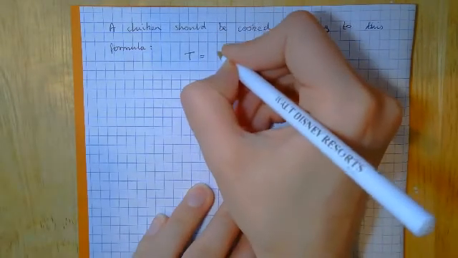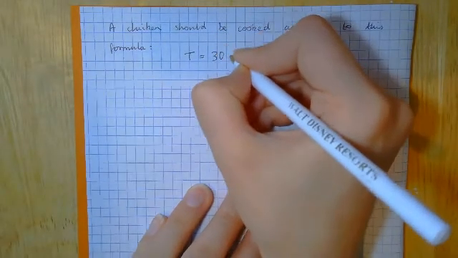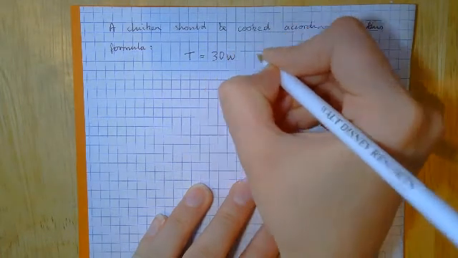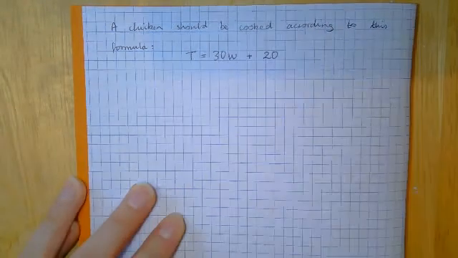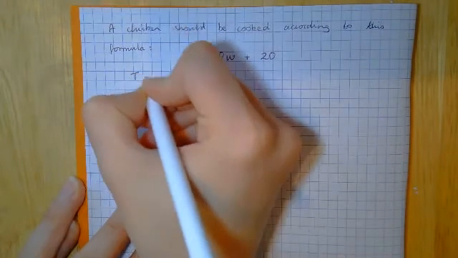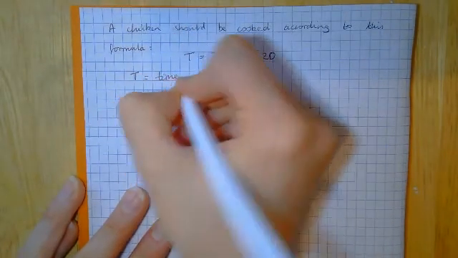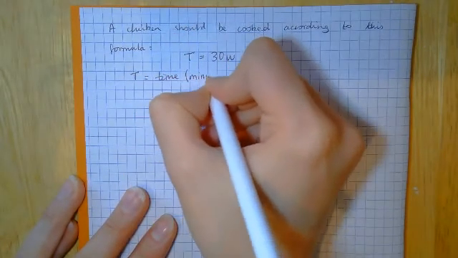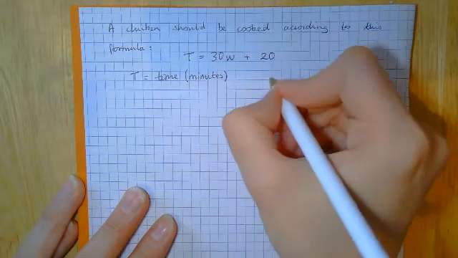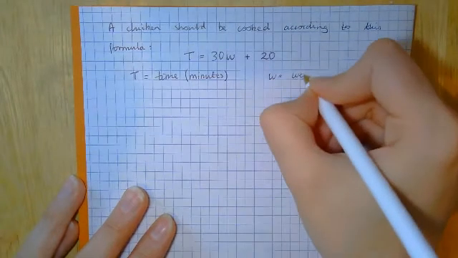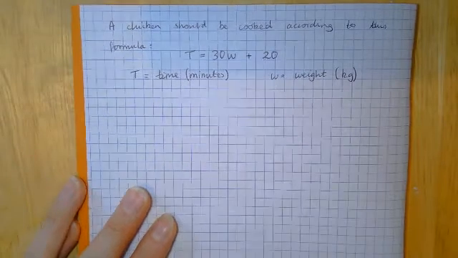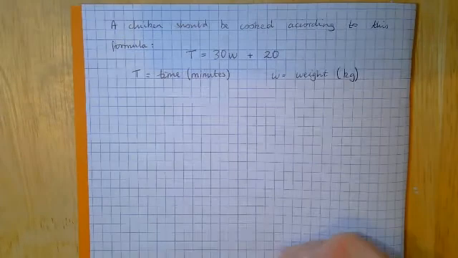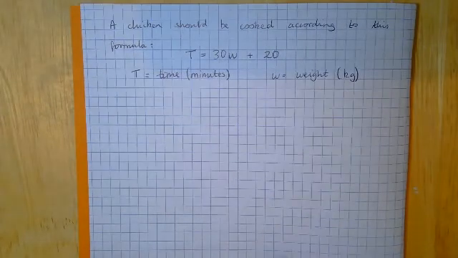So the time is, let's say it's T equals 30W plus 20. And then it'll always tell you what the letters are. So T is the time, and this is going to be in minutes. And W is going to be the weight in kilograms.